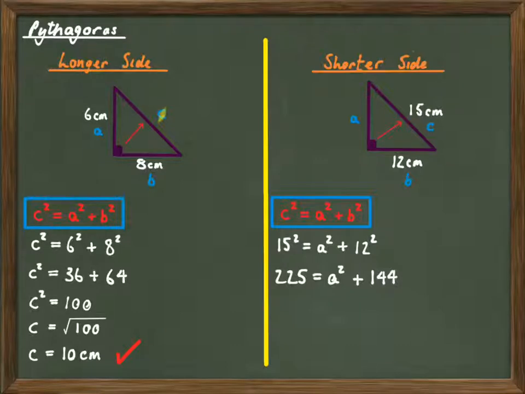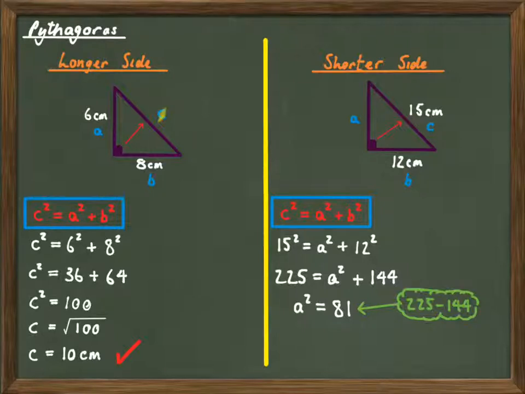You can either think of it that way and add on numbers consecutively until you get to 225, or to find the difference, I can also do a takeaway. So A squared is going to be equal to 81, and in that little green bubble, that comes from finding the difference between 225 and 144.